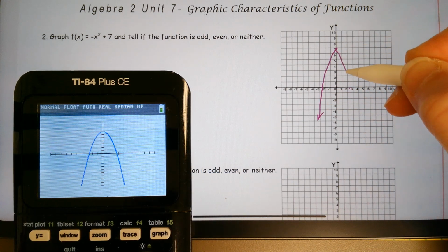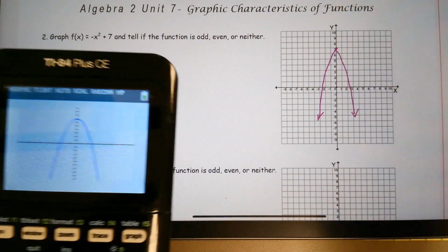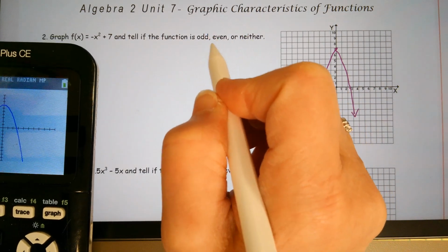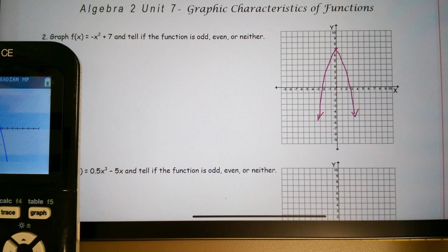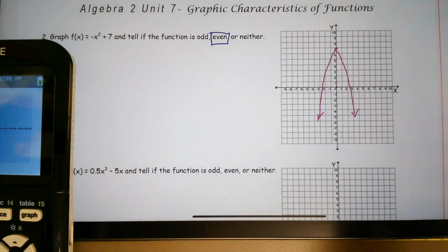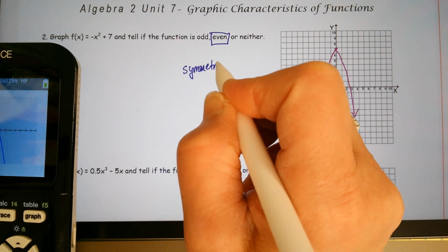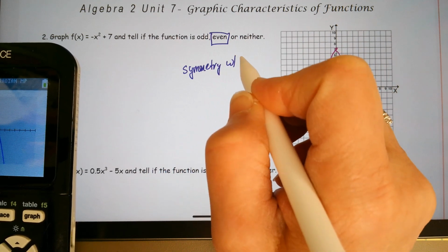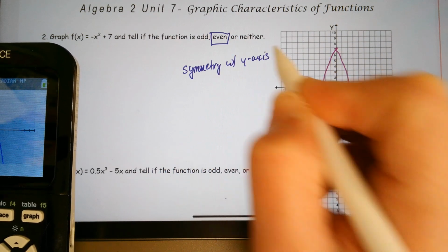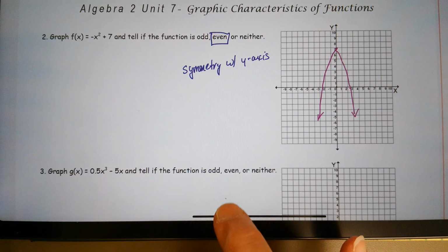Something like this. This is even. And again, keep writing it: symmetry with the y-axis. It's going to help you to remember.